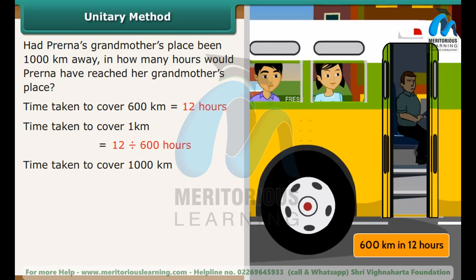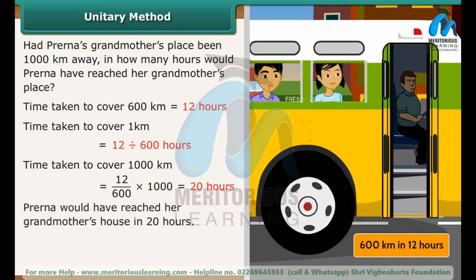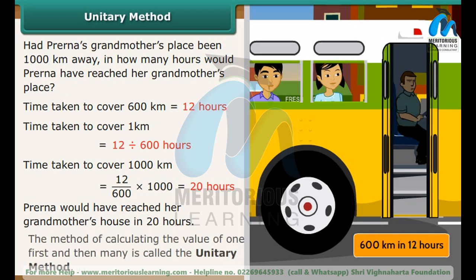Time taken to cover 1,000 km is equal to 12 upon 600 into 1000, which equals 20 hours. Prerna would have reached her grandmother's house in 20 hours. The method of calculating the value of one first and then many is called the unitary method.